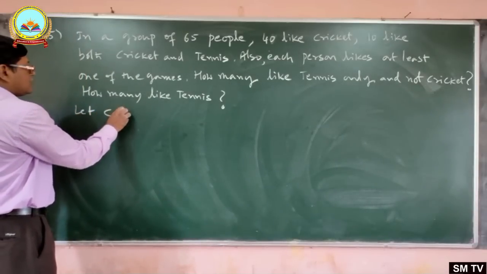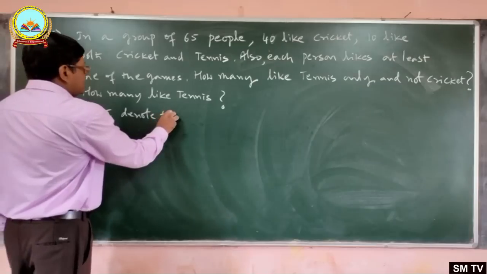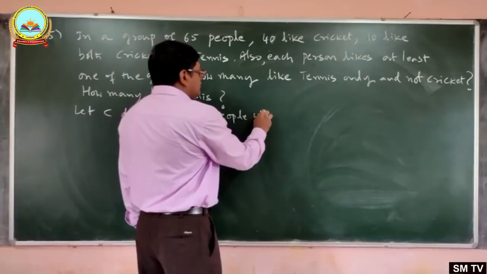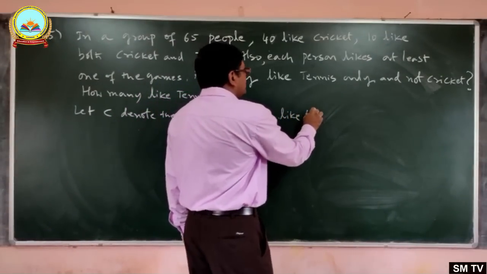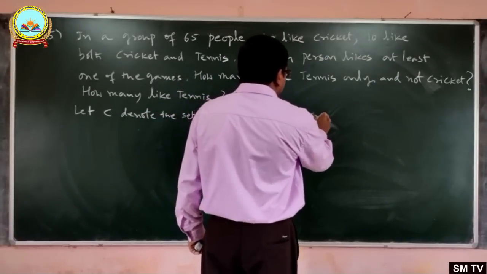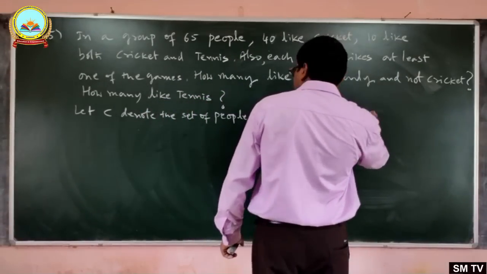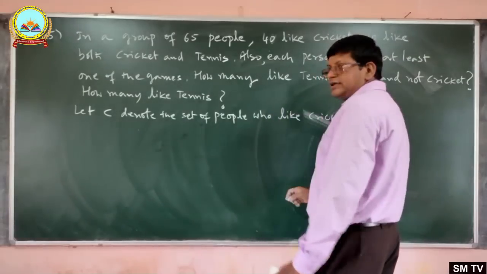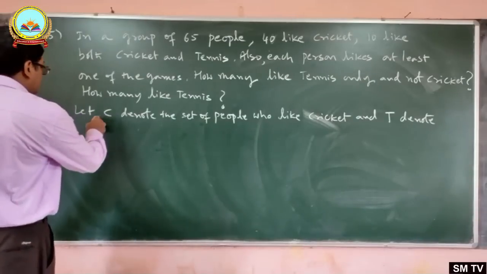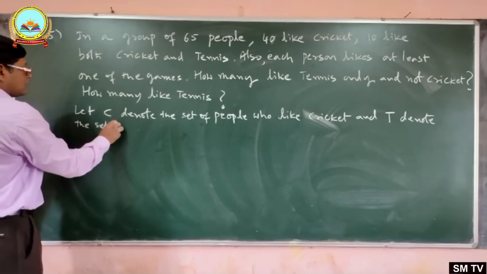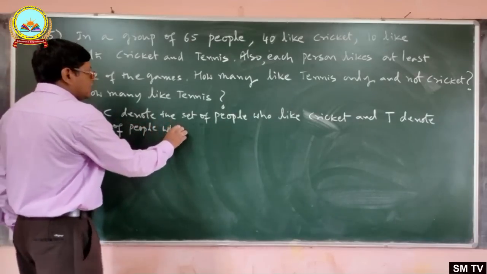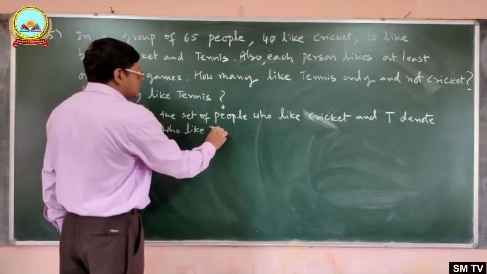Let C denote the set of people who like cricket, and capital letter T denote the set of people who like tennis.